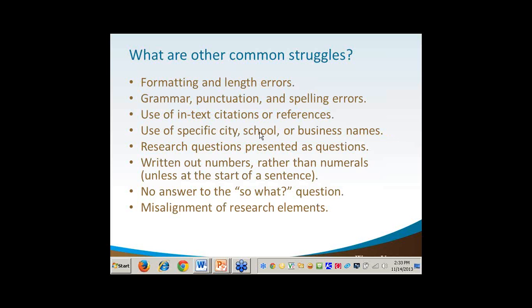Oh, sure. Well, sometimes in terms of school names, it's appropriate for the school name to be included in the body of the dissertation, and yet in the abstract, it's generally encouraged that a more general description is used instead of that exact school name.